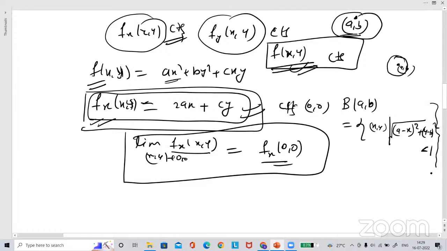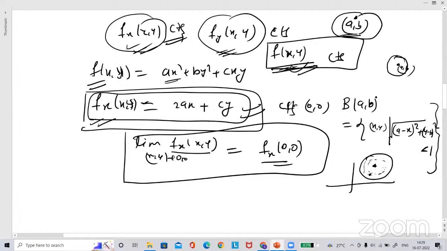So this is one kind of open ball around (a, b) of radius 1 in R2. You collect those points which have distance less than 1. In the ball around, if the partial derivative is continuous, then your function is going to be continuous. Not only continuous, it will be differentiable.